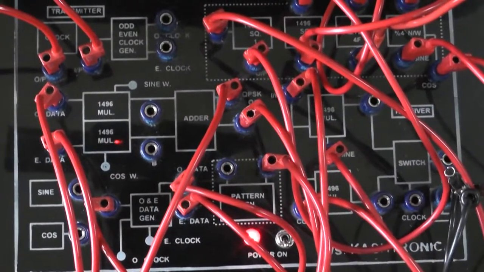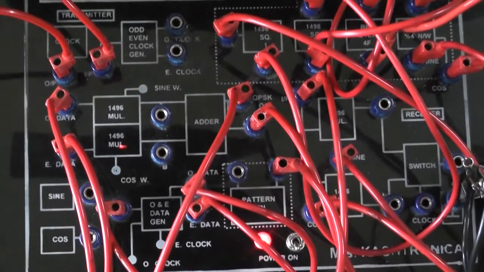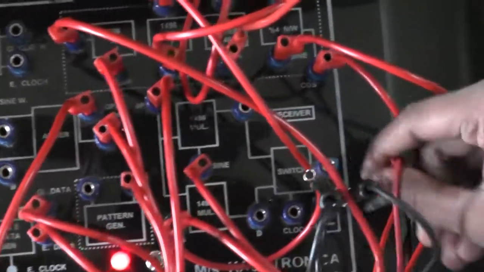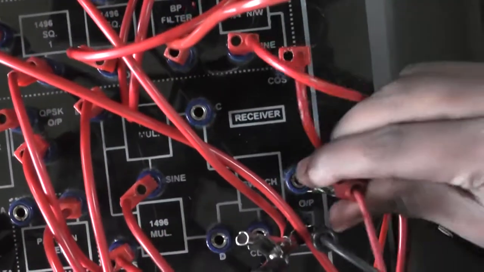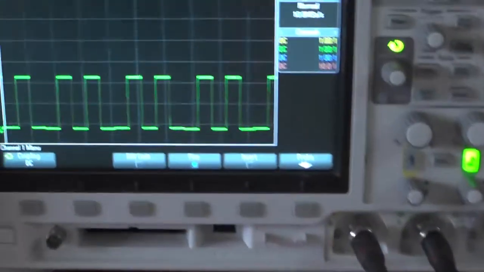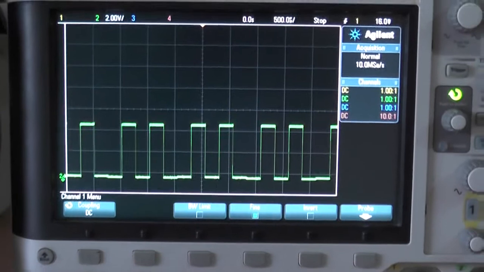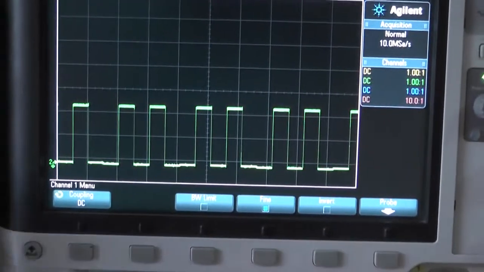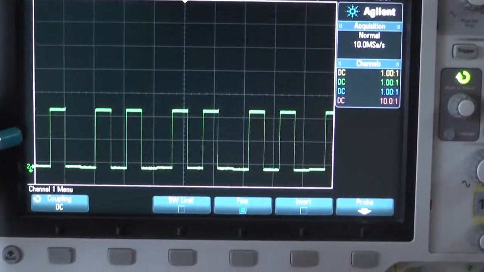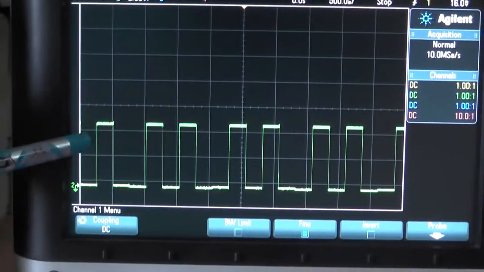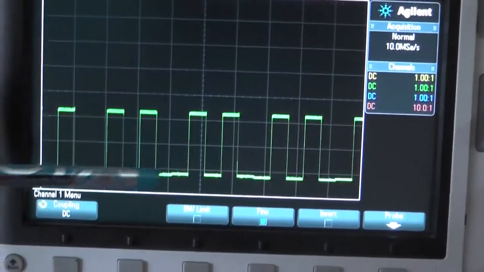Check the output. Here we have the received data pattern 1 0 1 0 0.